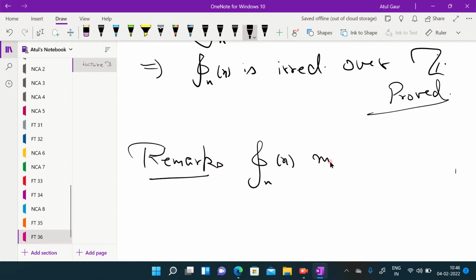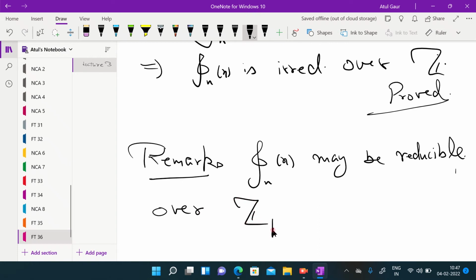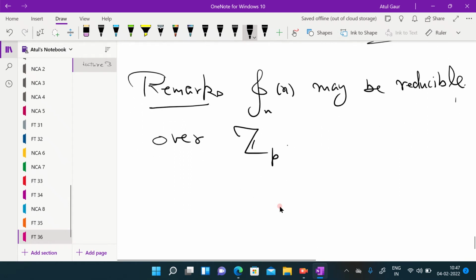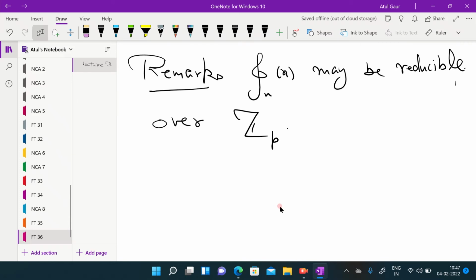Φn(x) may be reducible over Zp. So when I'm saying Φn(x) over Zp, what I mean is reduce Φn(x) modulo p, right? So over modulo p, that is reducible.